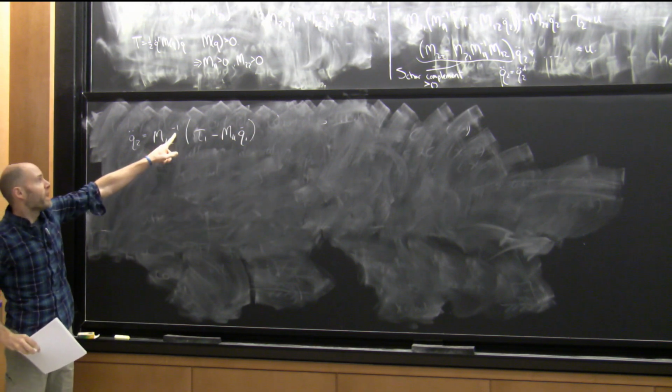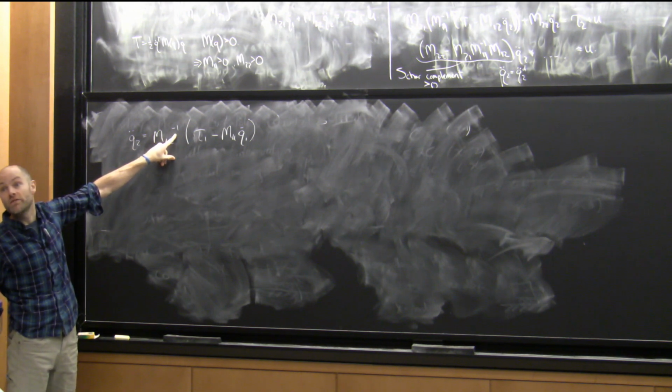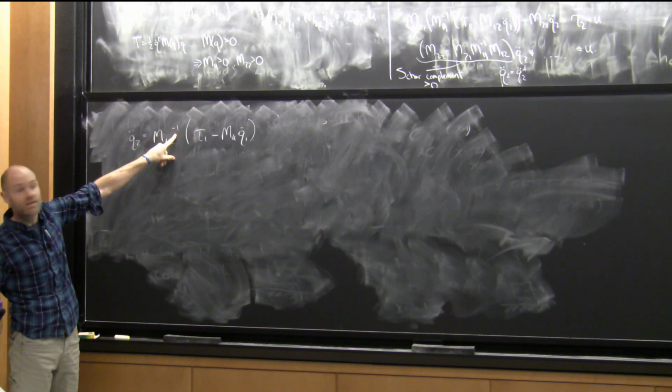Okay, but M12 is not necessarily invertible. Okay, I wrote the inverse there just to start the conversation, but you should immediately say, I don't even know if that's square, right?